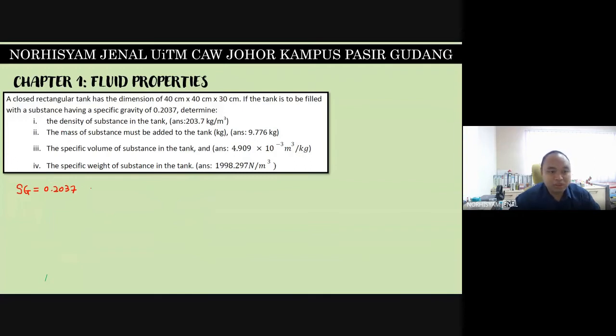Sg is 0.2037, equal to the density of the substance divided by the density of water, which is 1000. So the density of the substance equals 0.2037 multiplied by 1000, which is 203.7 kg per meter cube.